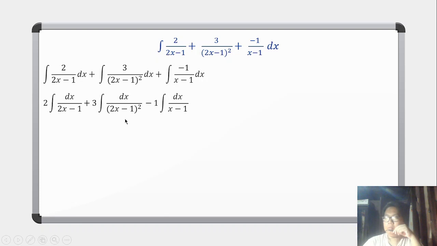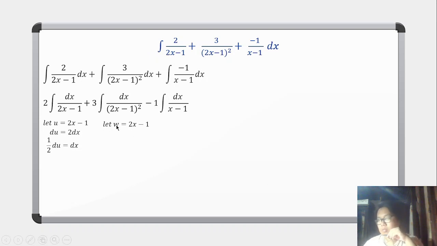Let's use substitution. So for this term, we let u is equals to 2x minus 1, du is equals to 2 dx, and 1/2 du is equals to dx. So for the next term, let w is equal to 2x minus 1. For this case, we can actually still use the variable u, but it just depends on your preference.